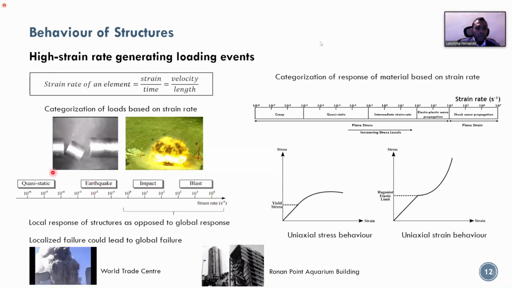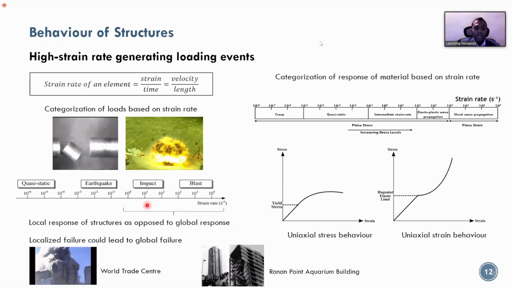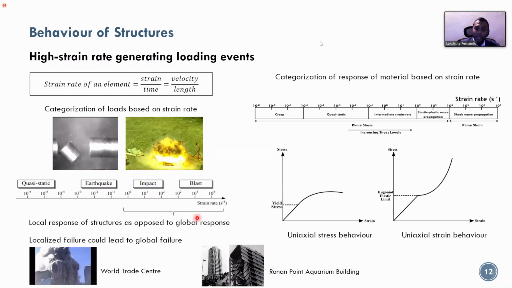What we call our quasi-static loads, these are what we generally design our structures for, in the 10 to the power minus region. When it comes to earthquakes, the strain rate perhaps reaches somewhere around 10 to the power minus 1. And then we have our impact and blast loads, which are 10 to the power into the positive side. So this kind of, once again, shows us in terms of the load itself, the blast is in a different league of its own.